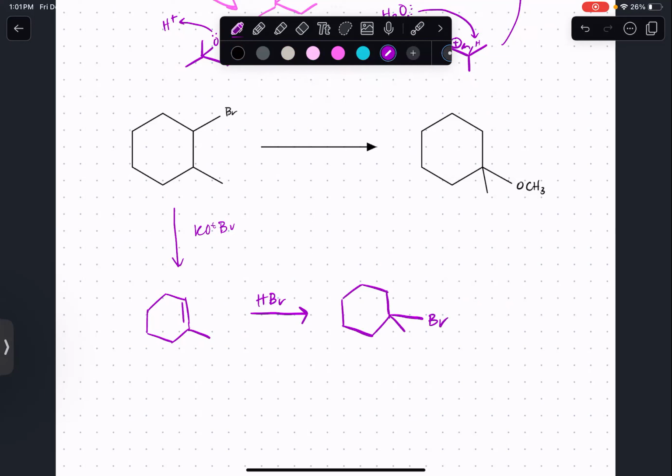So my bromine's going to add on my more substituted carbon. Then now all I have to worry about is getting from here to here, because I'm in a pretty good spot at this point. So the way that I would do that is just do CH3OH and heat. That way we would get an SN1 reaction.